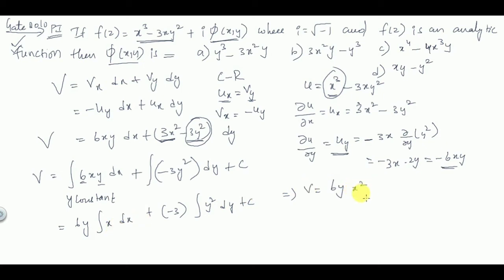The integral of x dx is x square by 2, minus 3 into the integral of y square, which is y cube by 3, plus c. 3 gets cancelled, 2 ones are 2, 3 threes are. So v is equal to 3x square y minus y cube plus c. In the options he has not considered any constant here, so only this is going to be v. So option B is correct.